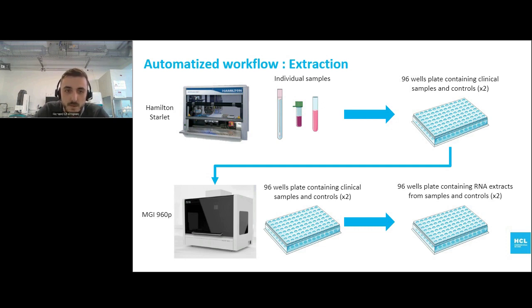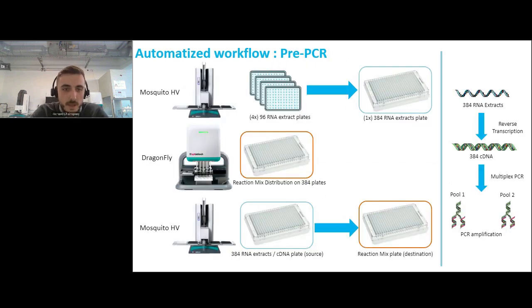Those 96-well plates are then transferred to the MGI 9600P in order to extract the SARS-CoV-2 RNA. It results in 2 different 96-well plates containing the RNA extracts from samples and associated controls.